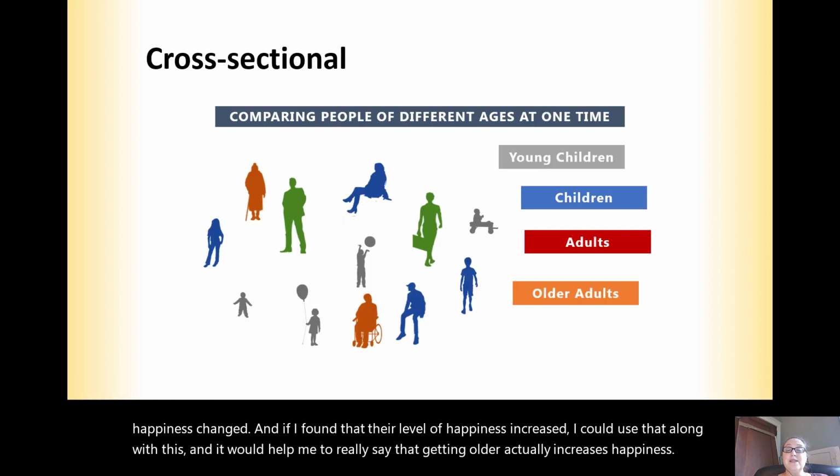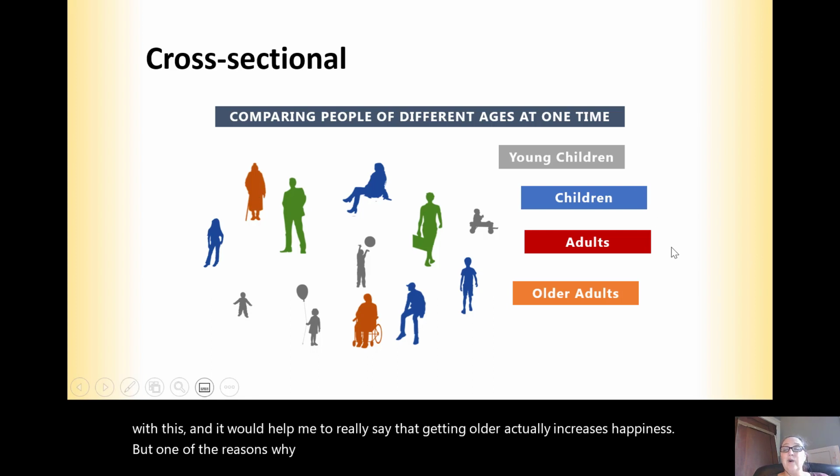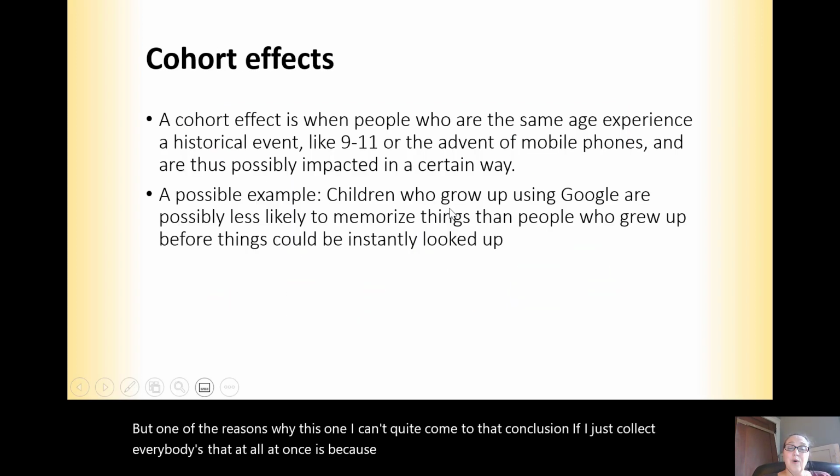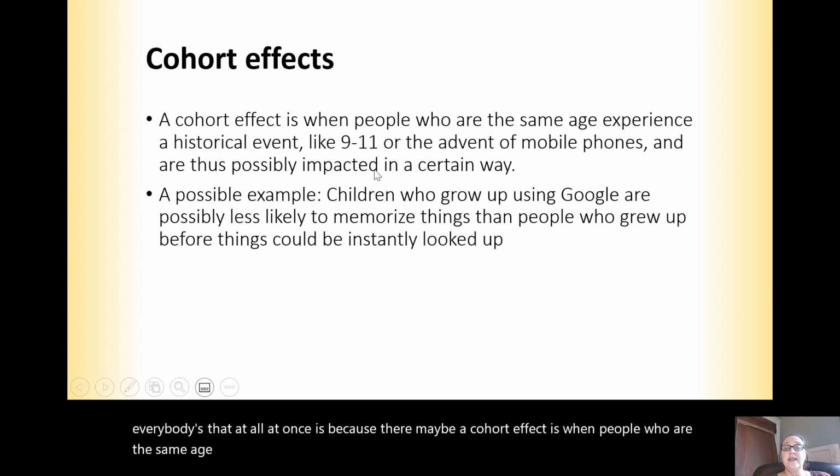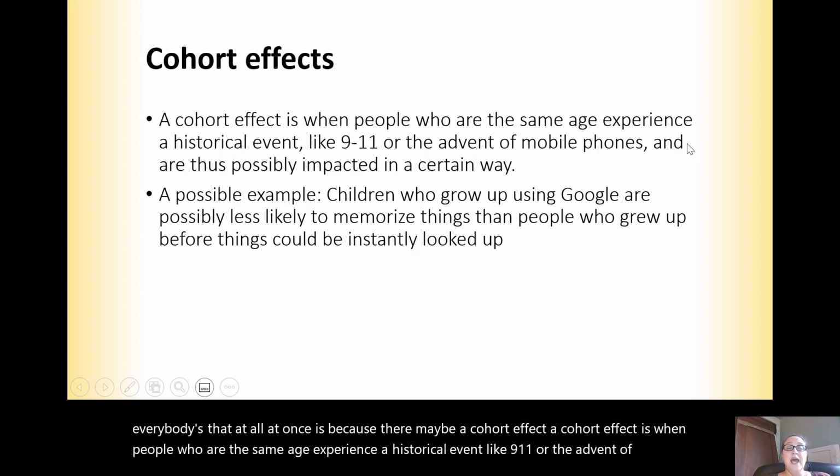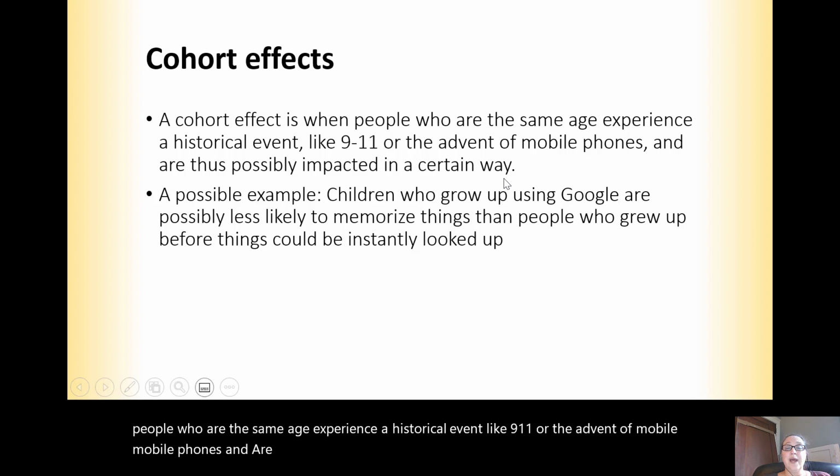But one of the reasons why I can't quite come to that conclusion if I just collect everybody's data all at once is because there may be a cohort effect. A cohort effect is when people who are the same age experience a historical event like 9/11 or the advent of mobile phones and are thus impacted in a certain way.